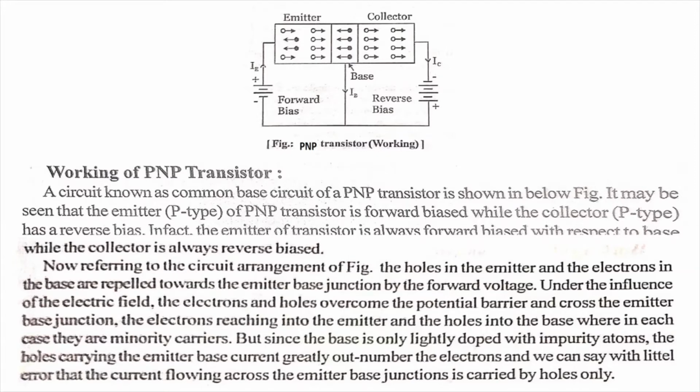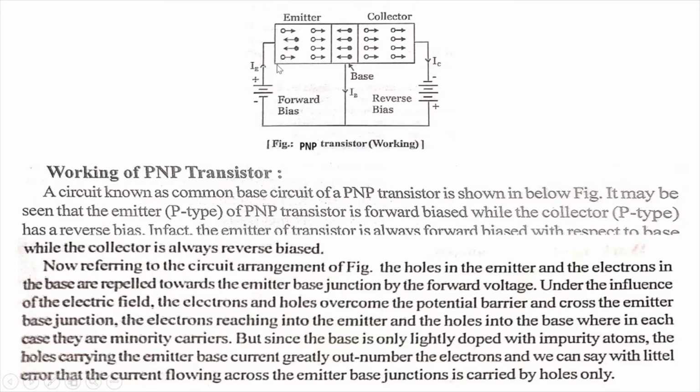While B, that is the base, is lightly doped and a thin part, and C, that is the collector terminal, is large in size and moderately doped too. So that is about the emitter, base and collector of the PNP transistor.